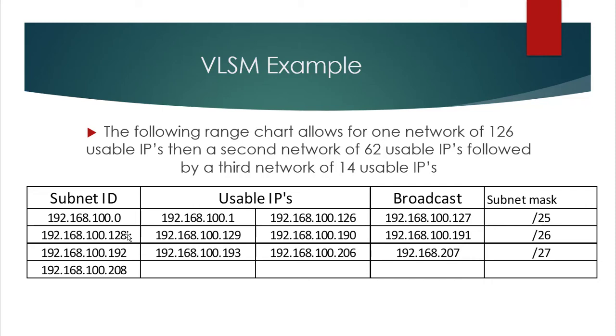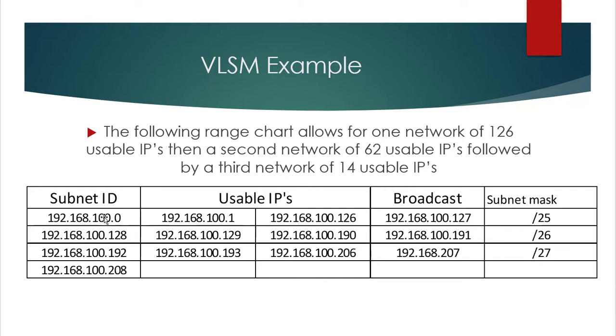Well, I can either do 32 or I can do 64. So I do a range of 64. I go 128, I add 64, and I get 192, then I stop. This network would give me 62 usable IP addresses, so the subnet mask changes. And then I need a network of 14 usable, so I get a range of 16, and I pop that in there.